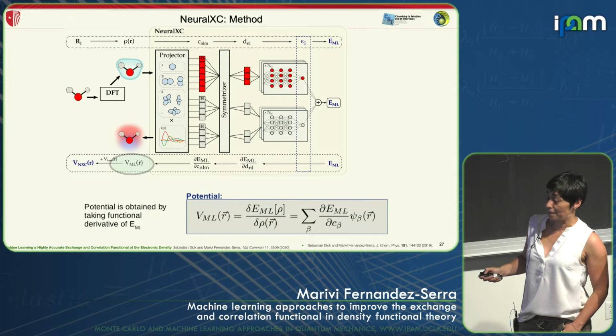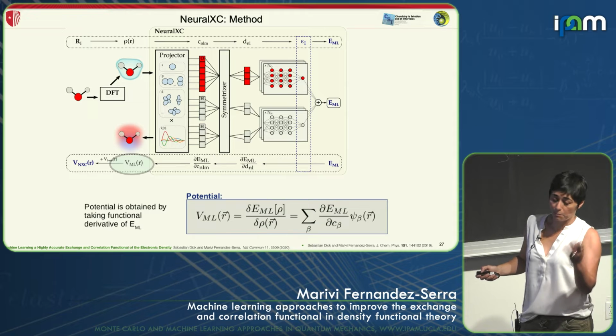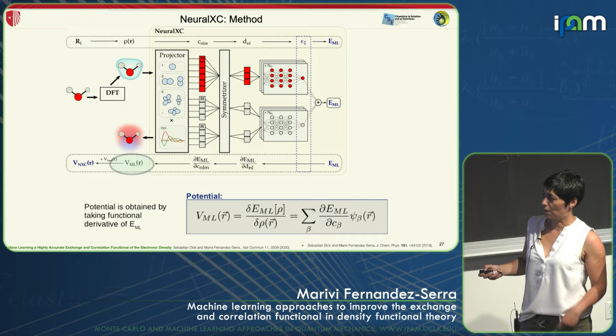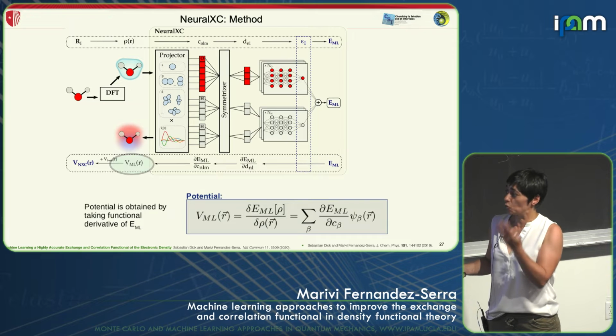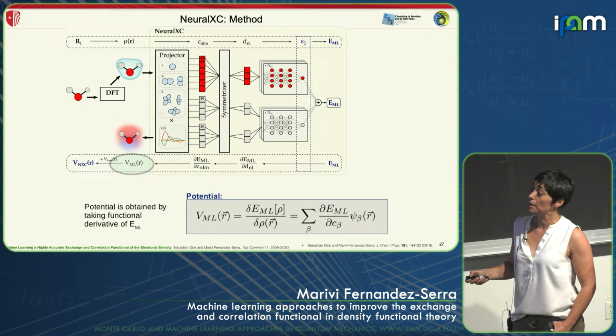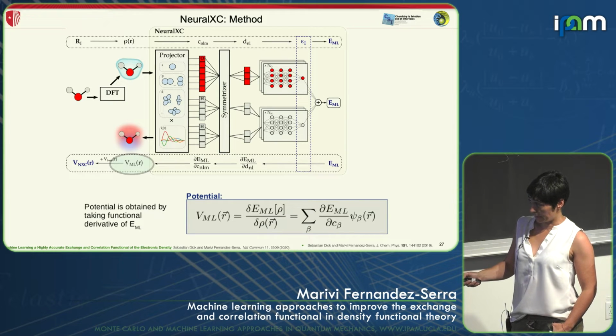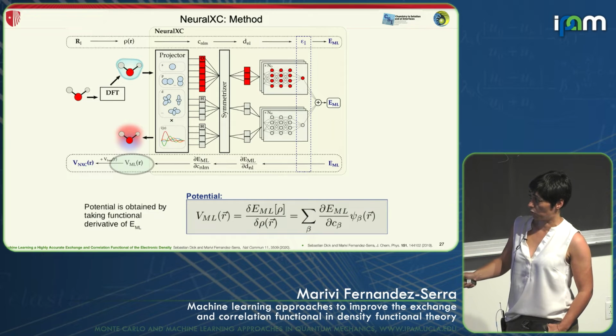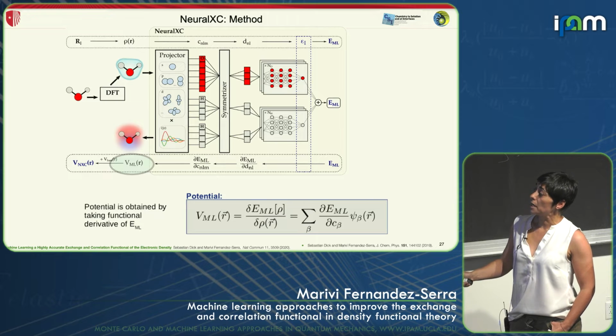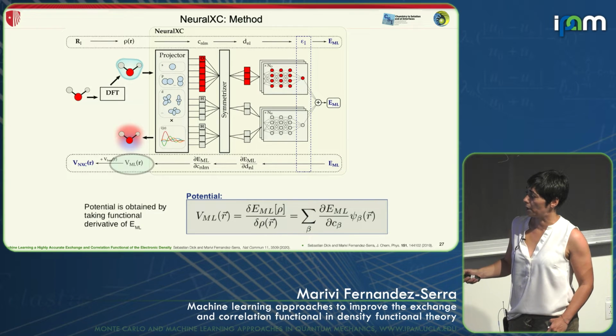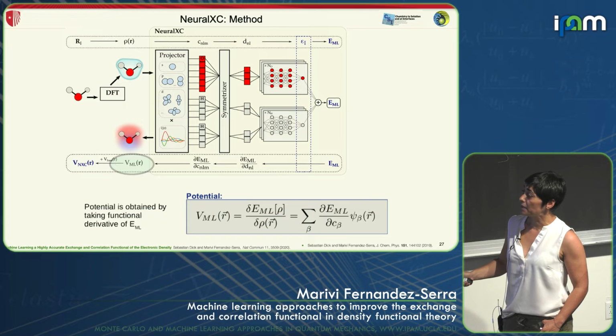Of course, I want to obtain not only the energy, which will be relatively simple, but I also want a potential, which requires functional derivatives. I can obtain this potential by taking the functional derivative of this energy, which of course depends on the density through the projections. If you develop this formula, it is nothing else but the derivative of the machine learning network with respect to the input coefficients, which are provided naturally in our machine learning libraries, times the orbitals themselves.